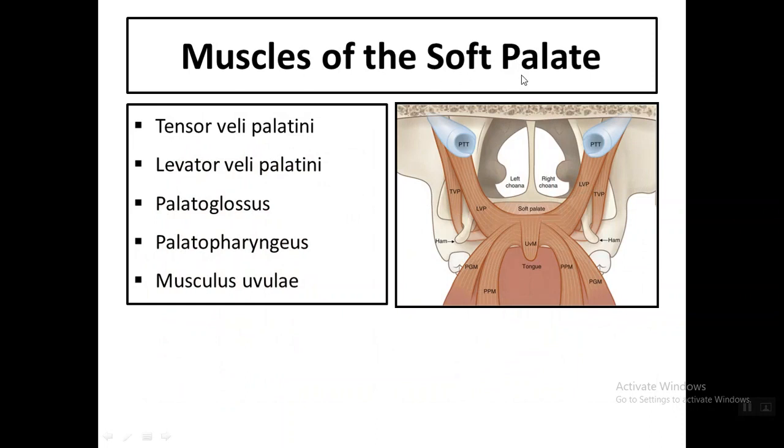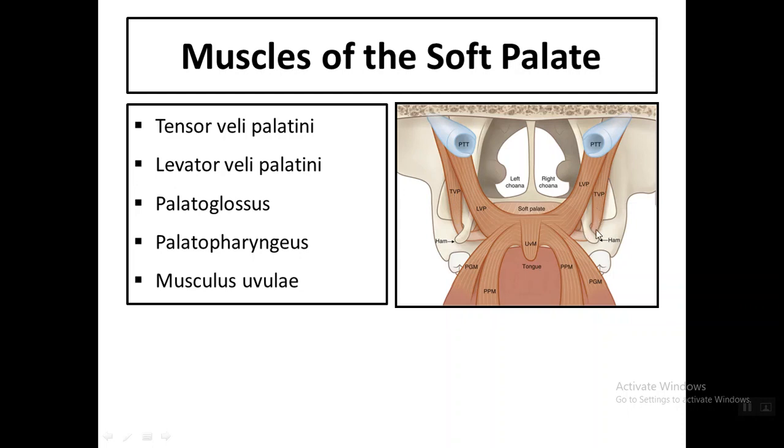What are the muscles of the soft palate? يعني how the soft palate can move, moving up or down. It has certain muscles. The most important of these muscles is the tensor veli palatini, from its origin.